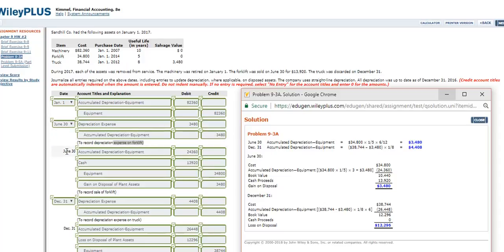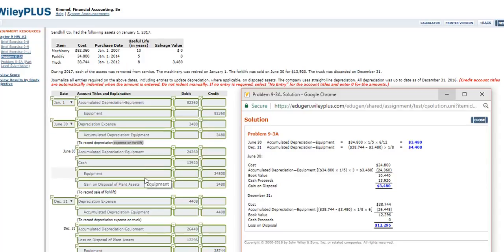Then for the date June 30 that we already have, we're going to record the sale of the forklift. To make it easy on me, I put all the accounts first in this order. Number 1, accumulated depreciation equipment. Number 2, cash.